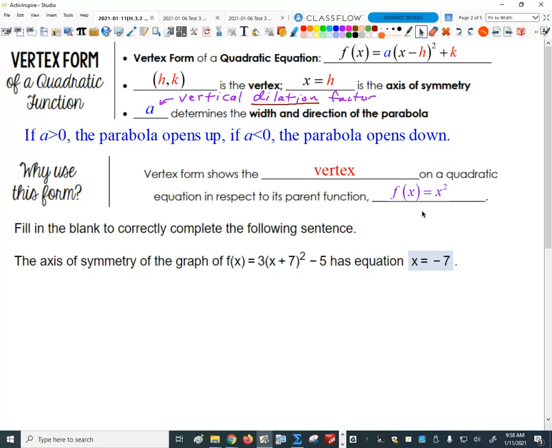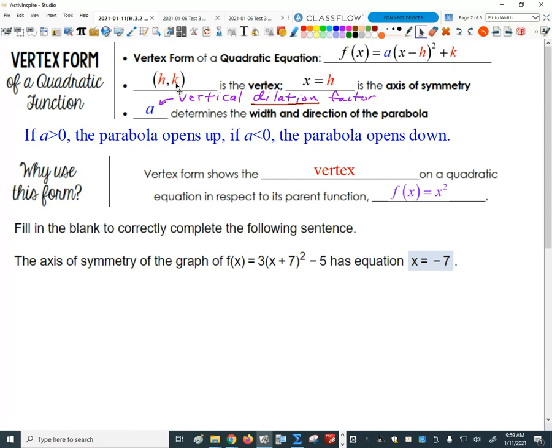Okay, so quick review. Remember, we talked about vertex form latter half of last week. So a vertex form is just a form that includes the coordinates of the vertex in the equation, right? And so here we've got a quadratic equation written in vertex form. You can see that, a times the quantity x minus h squared plus k.